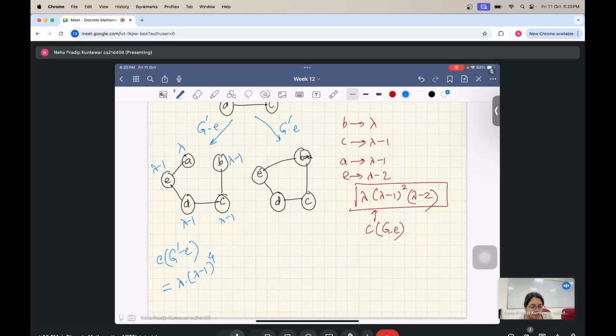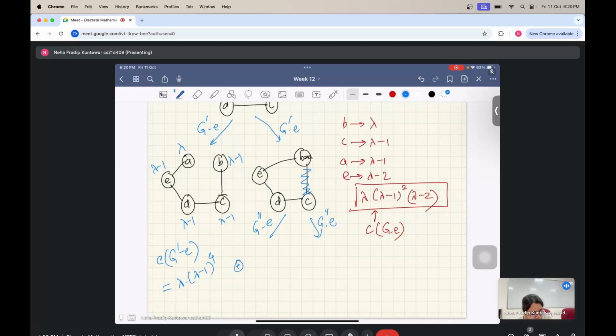Now let me try to solve for the second graph, the resultant graph that I have. Maybe I'll do the same thing again. This time I'll choose this edge, and I'll delete and contract it. So now G double prime minus E and G double prime dot E. So what does this look like?